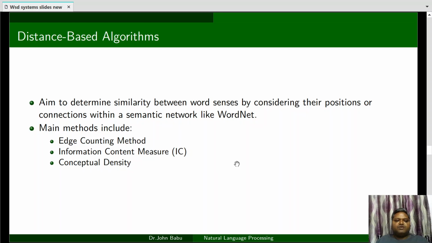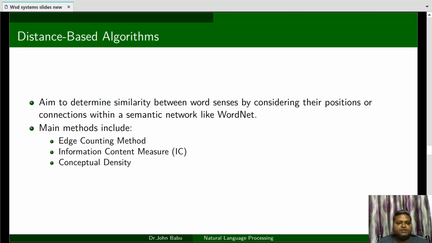So when we talk about distance based algorithms, we calculate the distance using the Euclidean distance. The distance between two points x1, y1 and x2, y2 is the square root of (y2 minus y1) whole square plus (x2 minus x1) whole square.